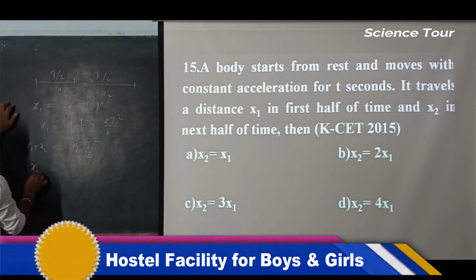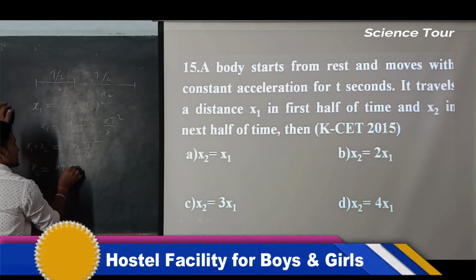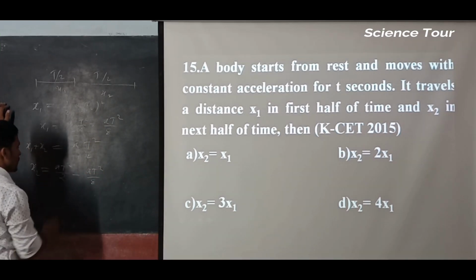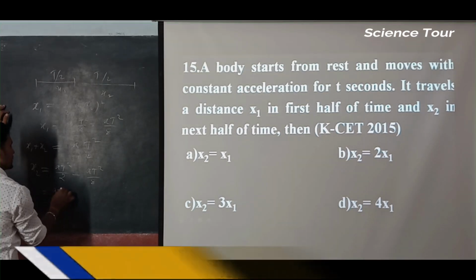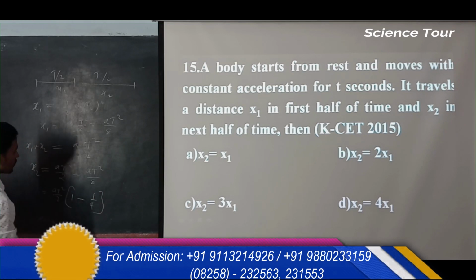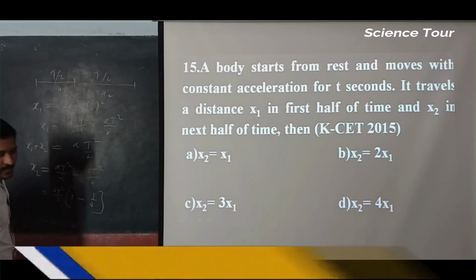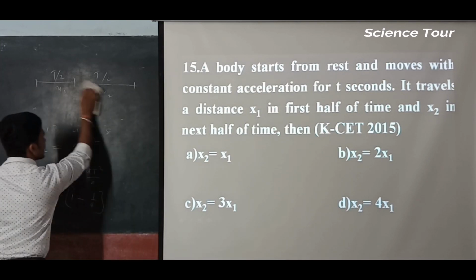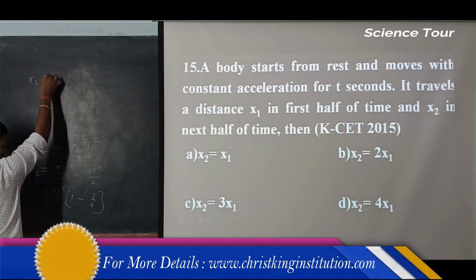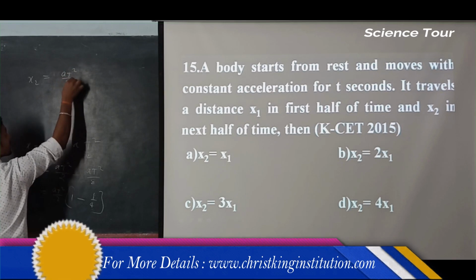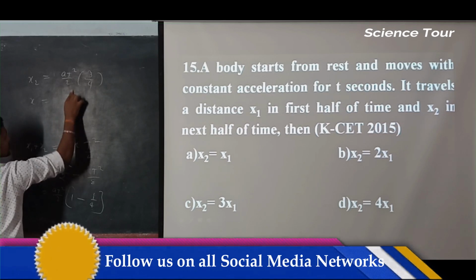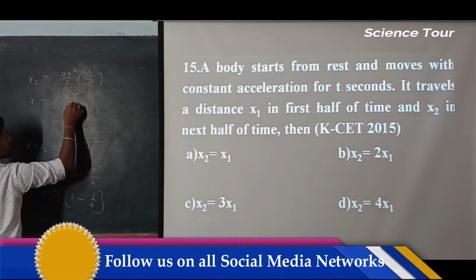But what is x2? It is a t square divided by 2 minus a t square divided by 8. A t square divided by 2 is the common term, so 1 minus 1 by 4, and 4 minus 1 is 3 by 4. So x2 is equal to a t square by 2 into 3 by 4, which is a t square into 3 by 8.